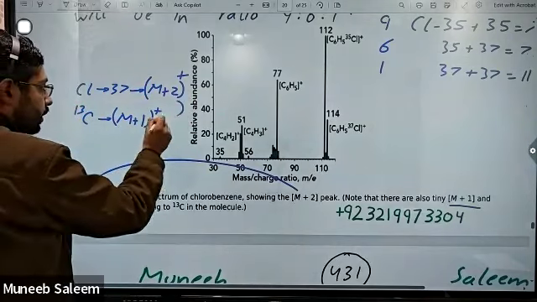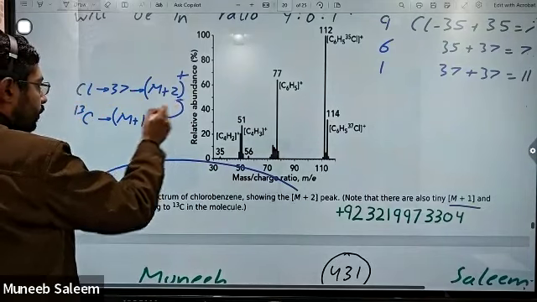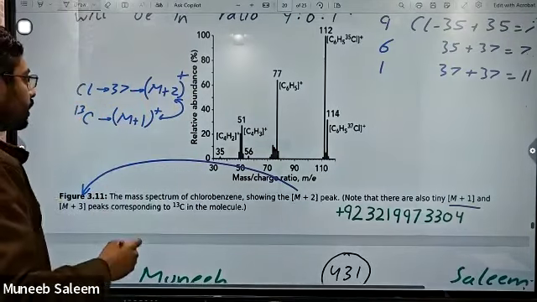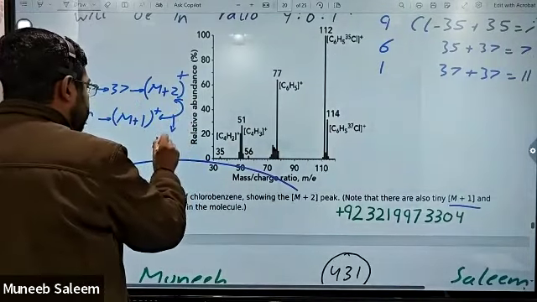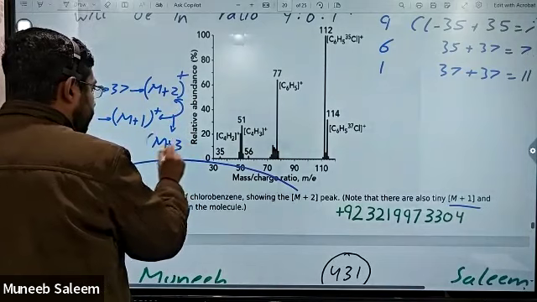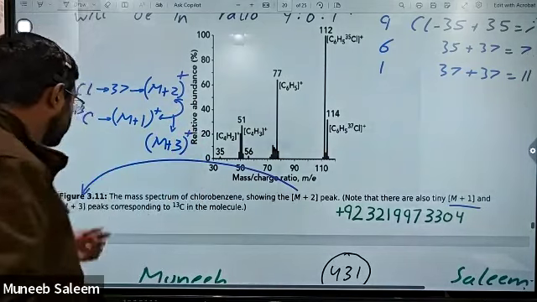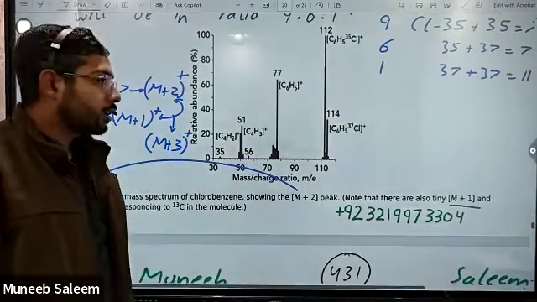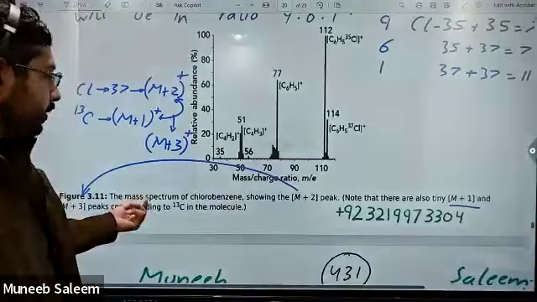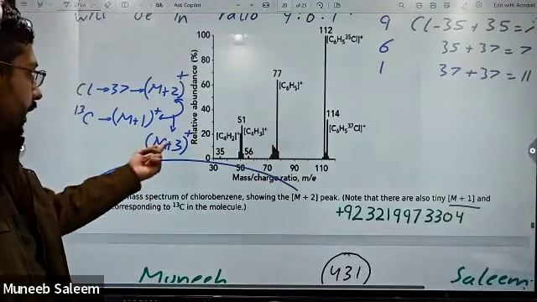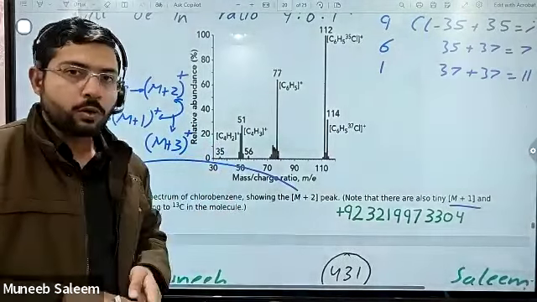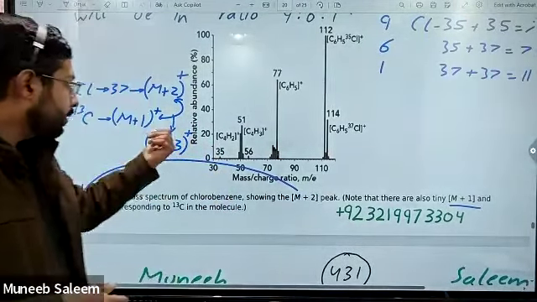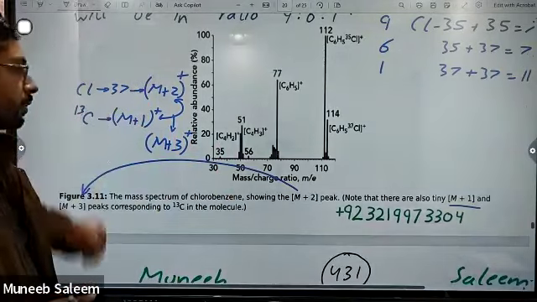So combine these two together, the M+1 peak from the carbon 13 and the M+2 peak from the chlorine 37, it will produce an M+3 peak. Now that's another thing here. Although it is not mentioned in the syllabus, that's one such example that could be produced. You will need to take into account both the isotopes, the isotope of the carbon and the isotope of the chlorine.